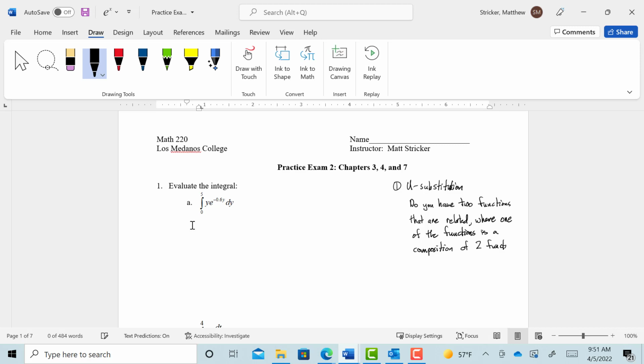Remember, we usually want to let u be the inside function in that composition of two functions. Okay, so that's for a U-substitution.